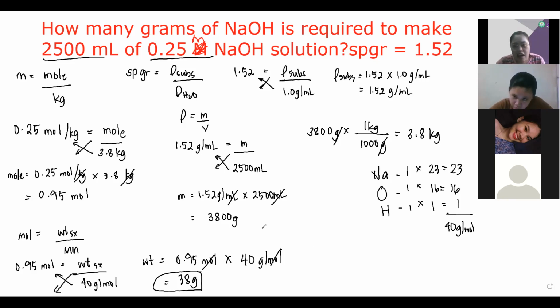Actually, mas madali siya gawin, mas mahaba yung kanyang computation. Kasi pag alam mo na kung gaano karaming substance ang kailangan mo, diretso mo na siyang dissolve hanggang maging 2,500 ml. And then automatic yung kanyang concentration is this one, 0.25.